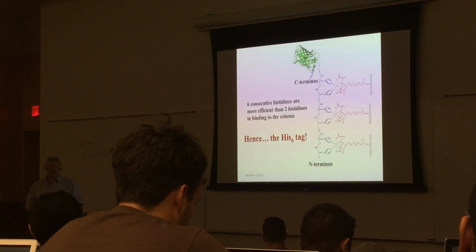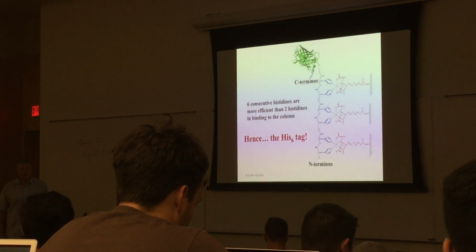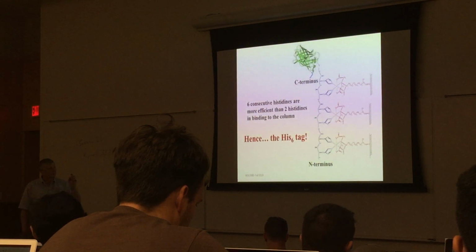Okay? If you have 6 histidines that are real close to each other in a tertiary sense, then those types of proteins could also bind to the nickel-agarose column. So whenever you've got a multitude of histidines real close to each other in three-dimensional space, that will readily bind to nickel agarose.